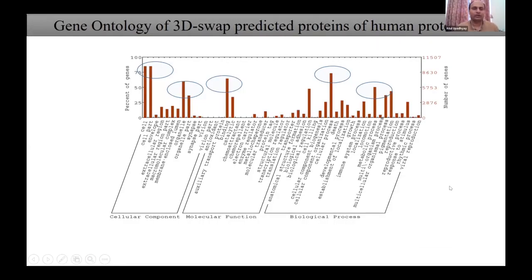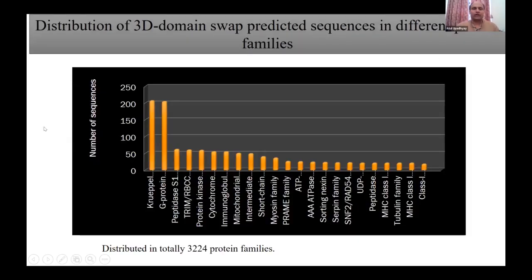Likewise, we looked at the gene ontology of the domain swap predicted cases, and we found that certain ontology groups or processes are highly enriched, such as organelle genomes, binding activity, or maybe cellular process. All these were enriched in the case of these domains. We also tried to find the presence of these predicted domain swap cases in different protein families, and again a few protein families were highly enriched.